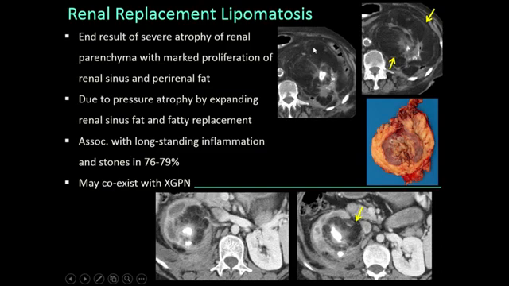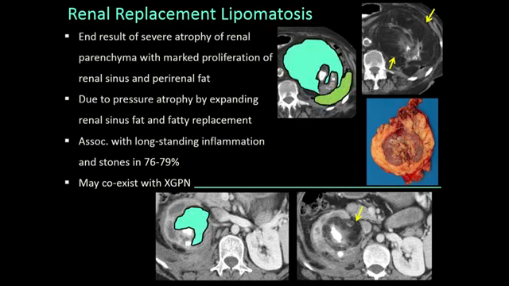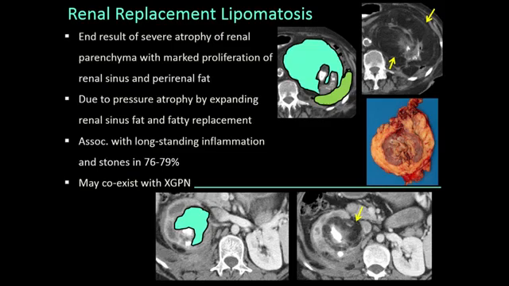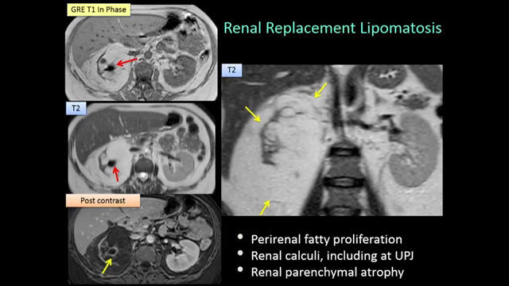And what happens is the perirenal space or the sinus of the renal sinuses are replaced by fat. And it tells the urologist this is a chronic change that is going to be a big problem in terms of atrophy and non-function to that kidney. And so you'll see the perirenal and perisinus fat deposition in the setting of these chronic stones.